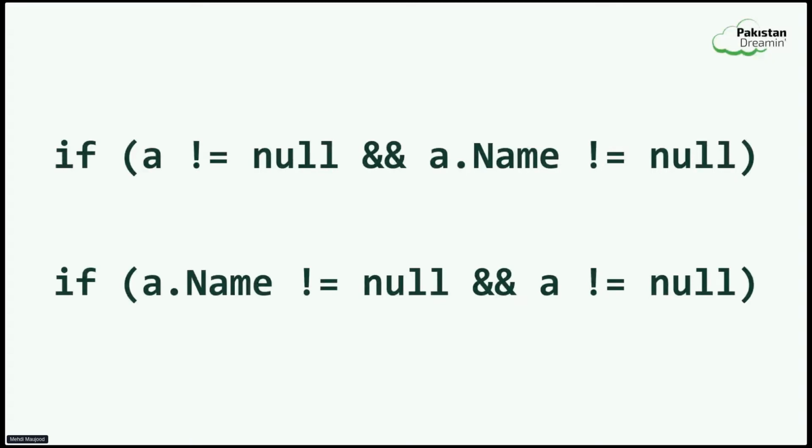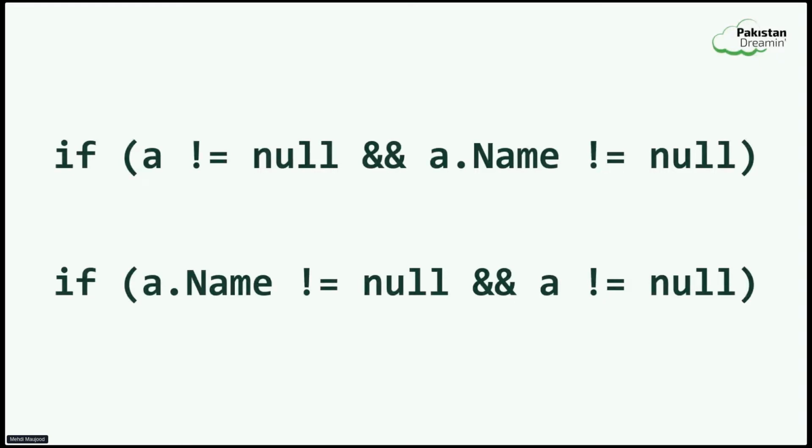A dot name would throw a null reference exception if A is null. So we want to check A for null first. If A is not equal to null, only then we check A dot name is not equal to null.